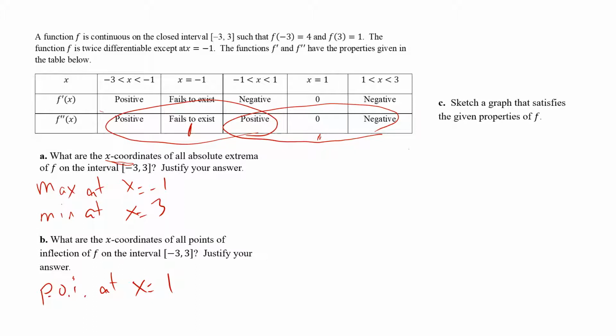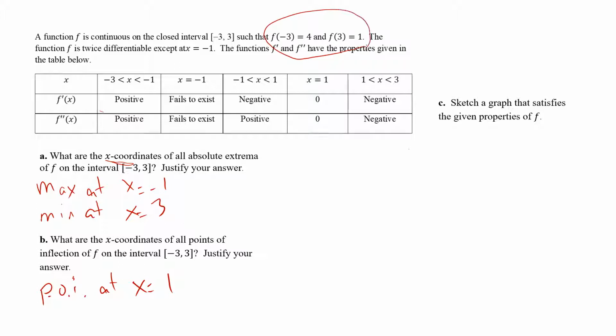All right, and then next, and the last problem we'll be doing with this one is sketch a graph. Sketching a graph can be fun. I enjoy it. So sketch a graph that satisfies the given properties of f. The very first thing I would do in sketching a graph is put in your endpoints. We know the endpoints. Those are distinct points.